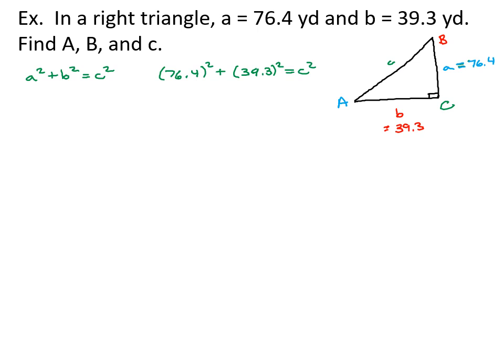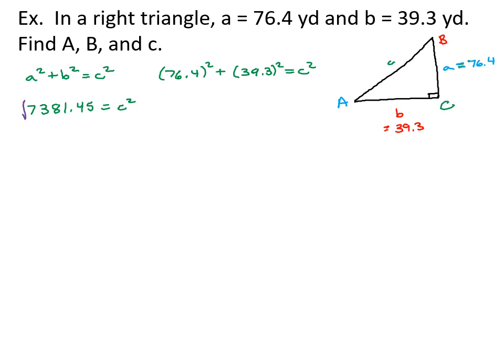We go back to the calculator and we'll do 76.4 squared plus 39.3 squared gives me 7,381.45. That would be c squared.